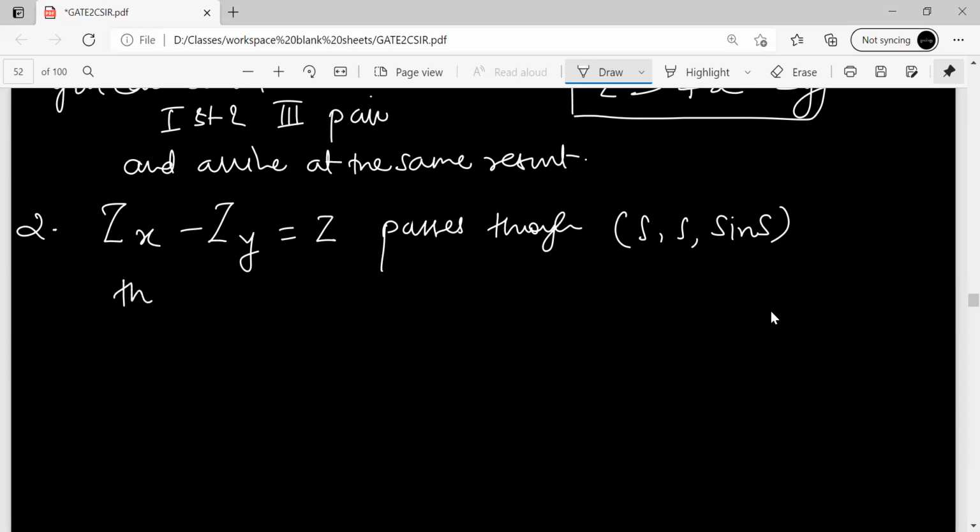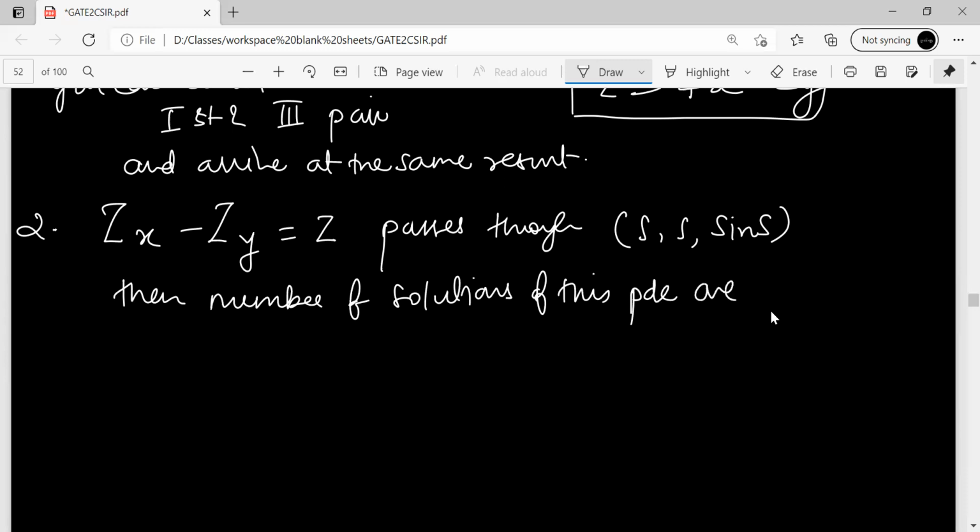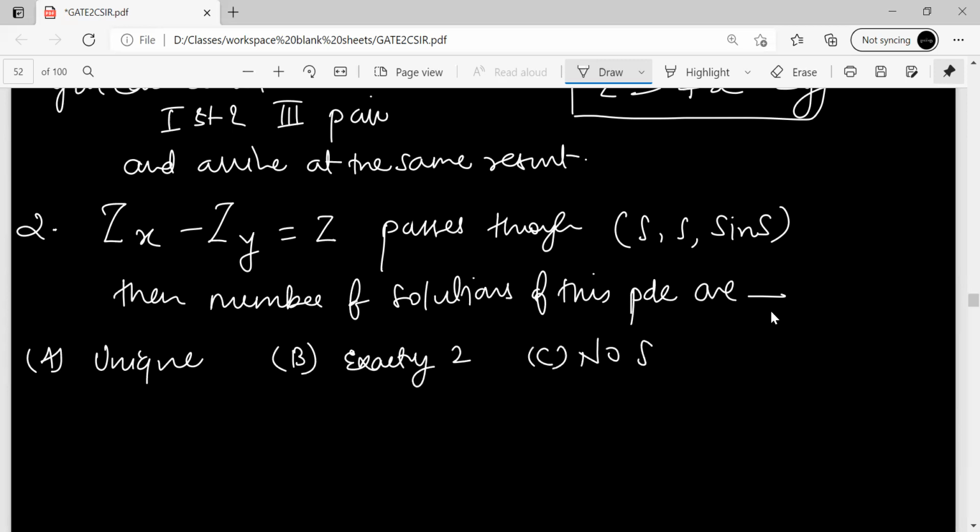Then the number of solutions of this PDE are... your options are: A, unique; B, exactly 2; C, no solution; and D, infinite.